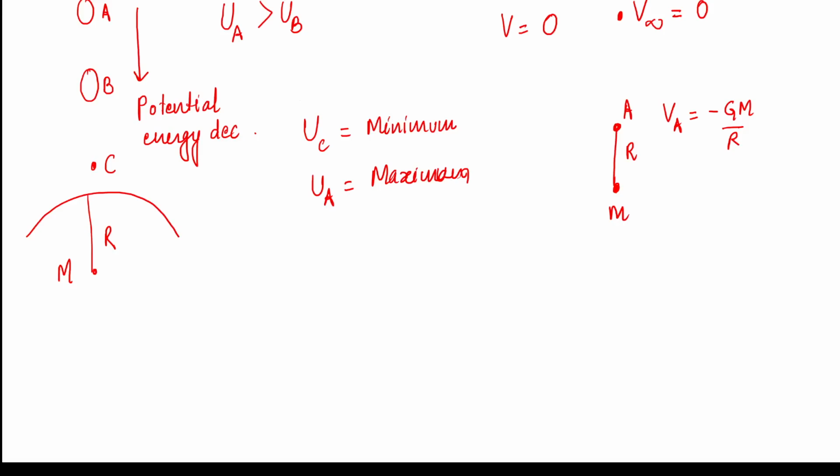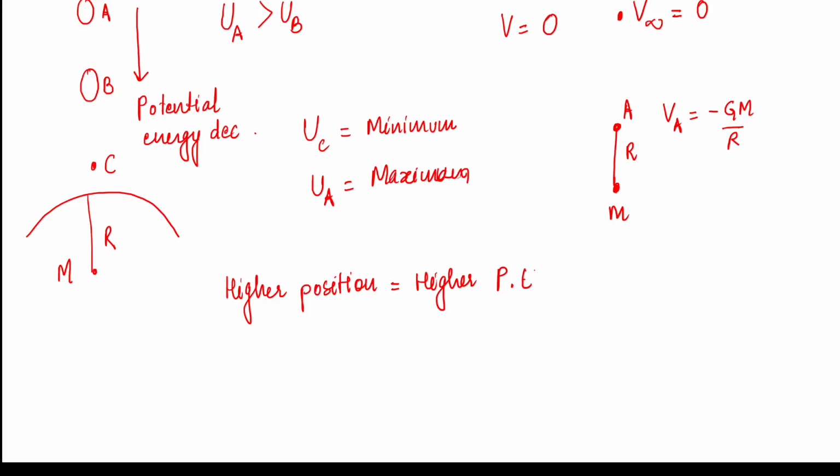Higher position, higher gravitational potential; highest gravitational potential is 0. Okay, I'm just going to write here. Higher position, this will help you remember: higher position is higher potential energy. That one is clear.